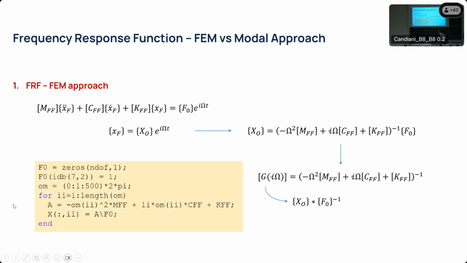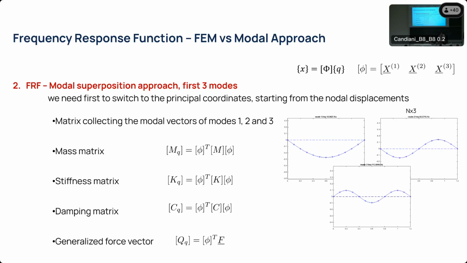Again, in this case, we use the FEM approach, so we already know how to do all these kinds of things. We already know how to compute the frequency response function matrix of our structure, but we also know that if the problem is well posed, if there are no weird dampers around, it is always possible to find a specific reference system within our structure, which is the reference system of the mode shapes, and pass from the physical coordinates of our structure, so the vector x, to the vector of modal coordinates of the structure, so the vector q.